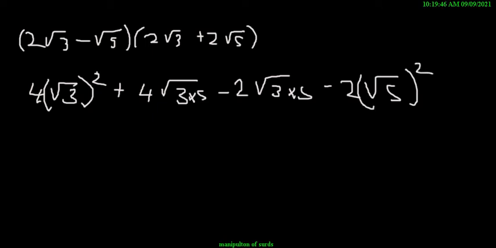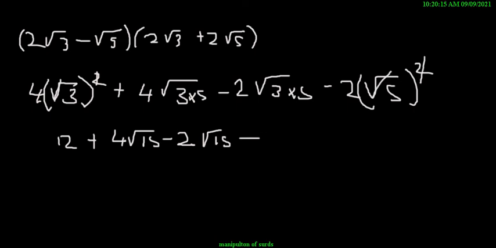So here we can see this cancel, and we're going to have 4 times 3, which is 12. 12 plus 4 root 15 minus 2 root 15, because the 3 and 5 multiply, and we're going to have minus 2 times 5, that's going to be minus 10.